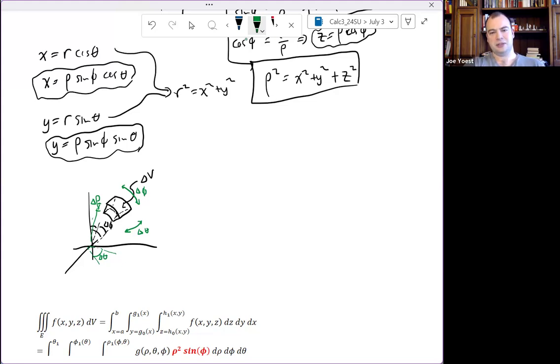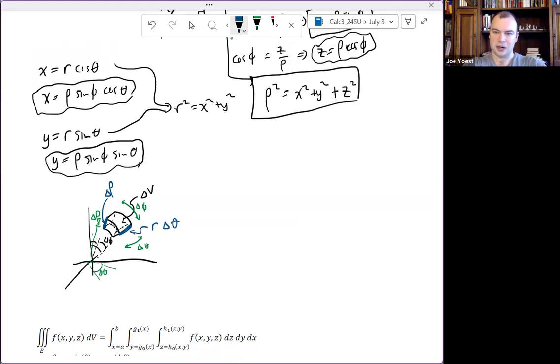Well, really what I want is my three side lengths. If I let rho go from rho to rho plus delta rho, this side length here is just delta rho. Nothing big there. When I let theta go from theta to theta plus delta theta, that sweeps out an angle delta theta. But remember, when I sweep out an angle delta theta, this side length here looks like r delta theta.